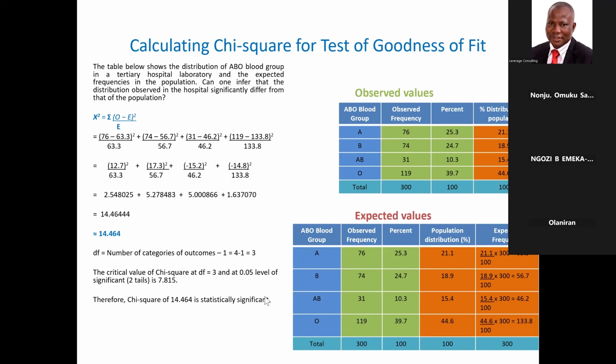So you apply your own sample size, the sample size from which you derived your own frequency. So 21.1% of 300, how many will that be? It's 63.3. That is the expected frequency for A.